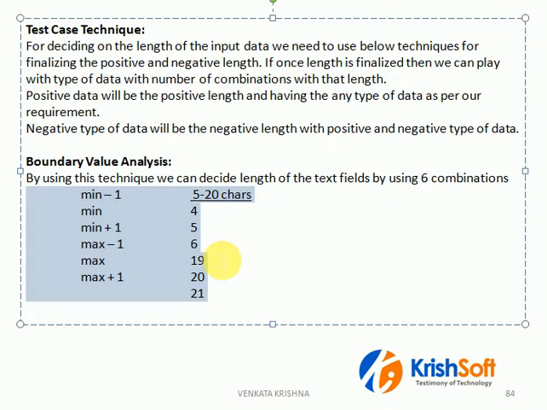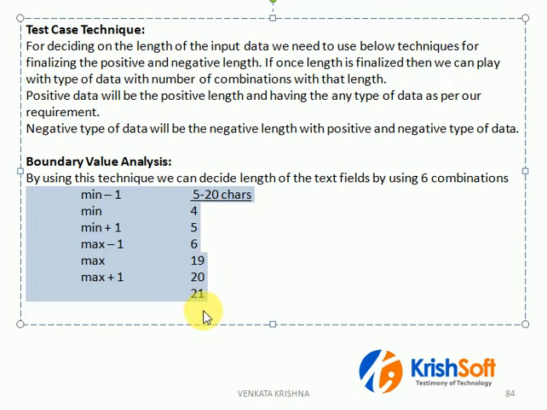These are the 6 cases I need to verify. I should not write 1 lakh test cases in this scenario. That is about the boundary value analysis technique. For any text field whose size you need to verify, you should write only these 6 test cases.